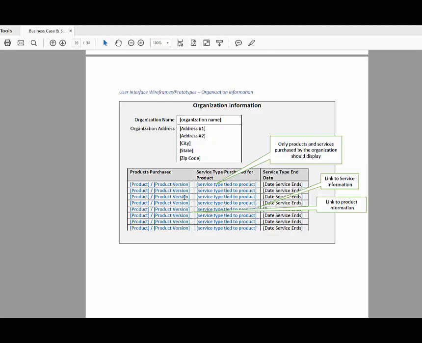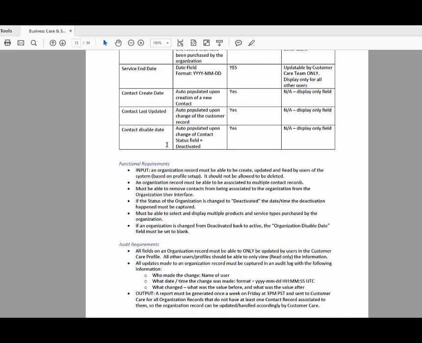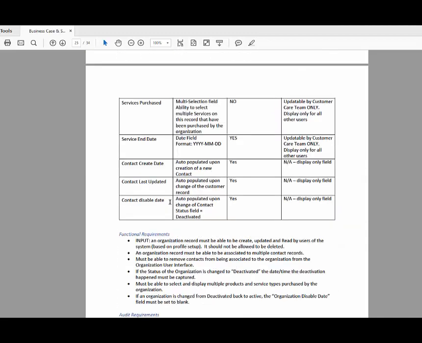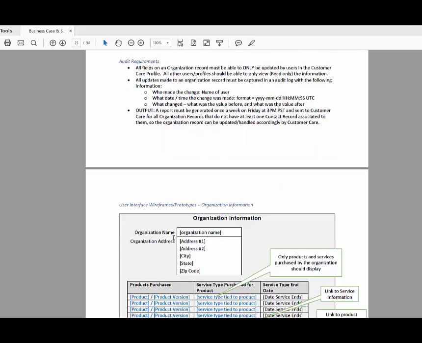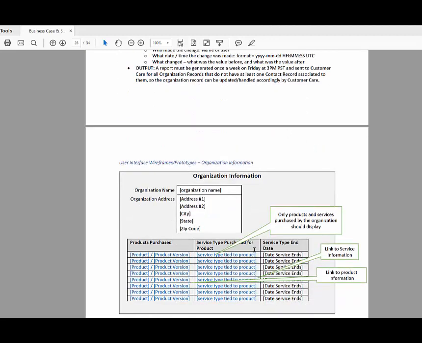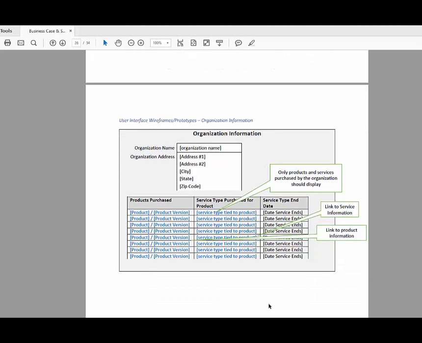The great part about this is these requirements were continuously updated. So as feedback was received from the customer, we updated the data requirements, the functional requirements, the auditing requirements, and the user interface requirements, and passed them off again with sprint 2 items to give to IT developers to then be able to continually improve the user interfaces.